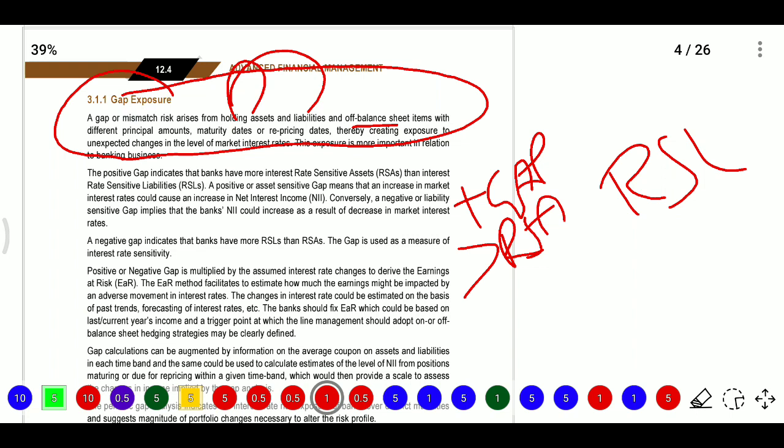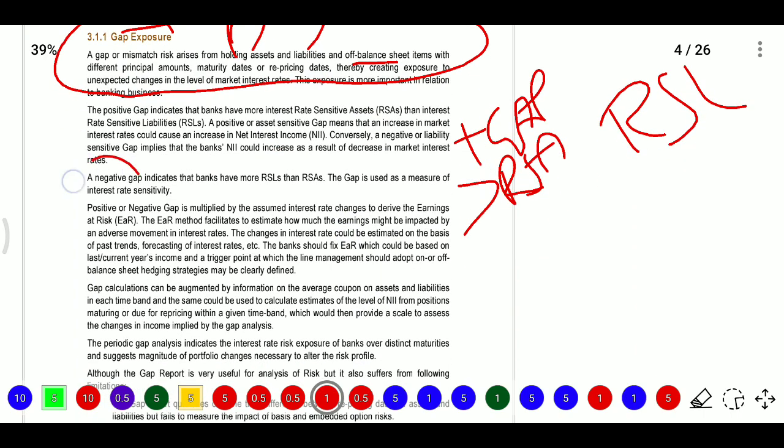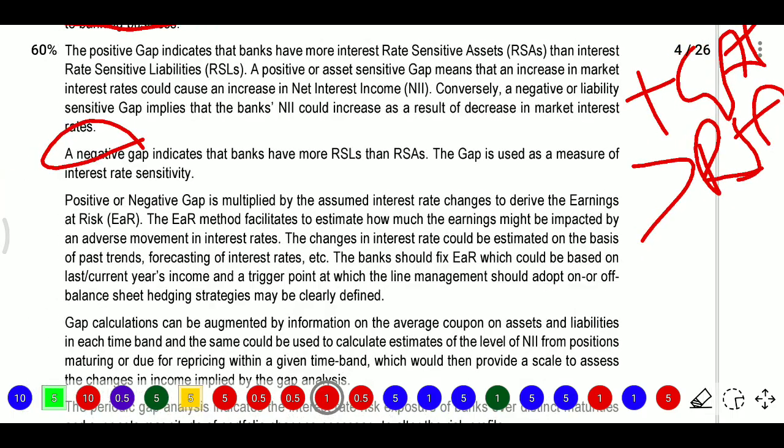A positive or asset sensitive gap means that an increase in market interest rates could cause an increase in net interest income. Conversely, a negative or liability sensitive gap implies that the bank's NII, that is net interest income, could increase as a result of a decrease in market interest rates. If you have a negative gap, it indicates more liabilities than RSA.